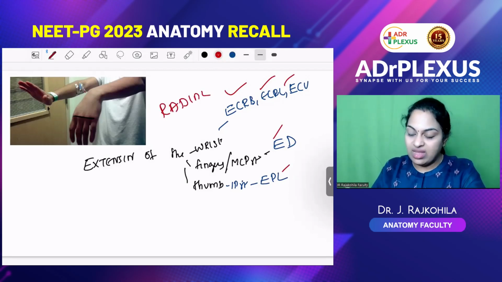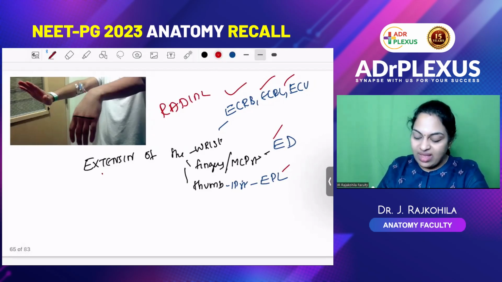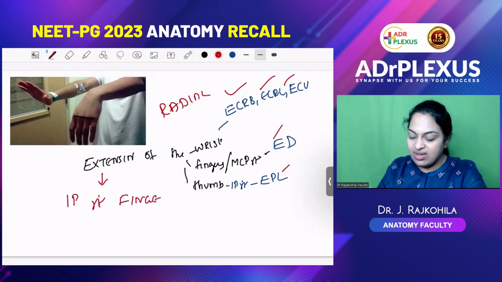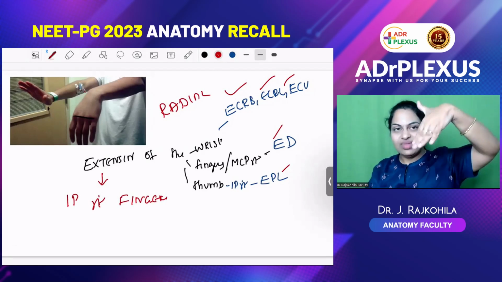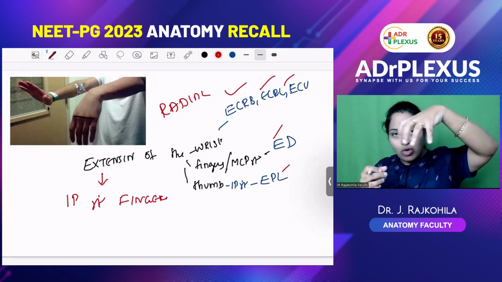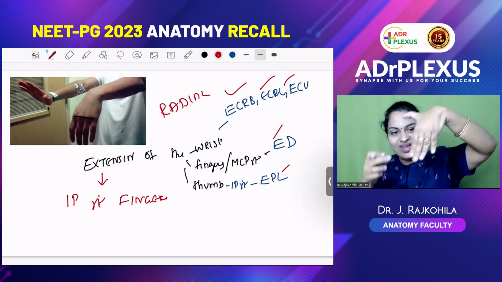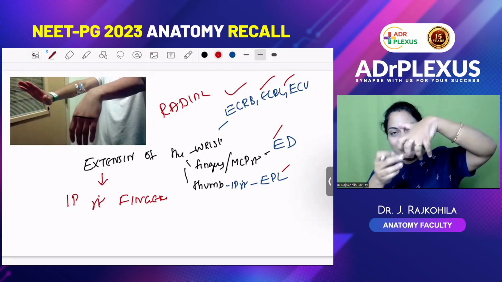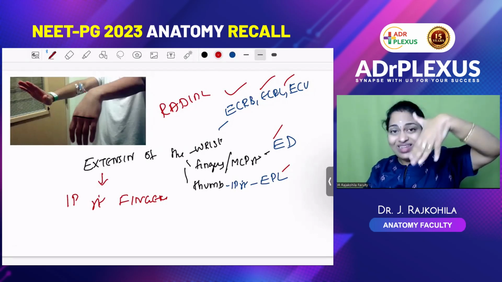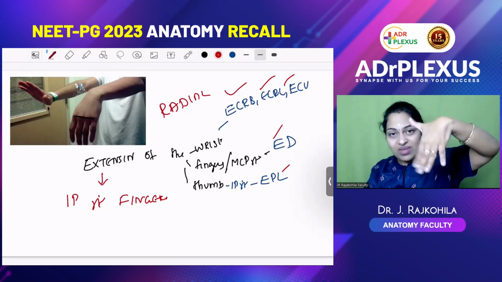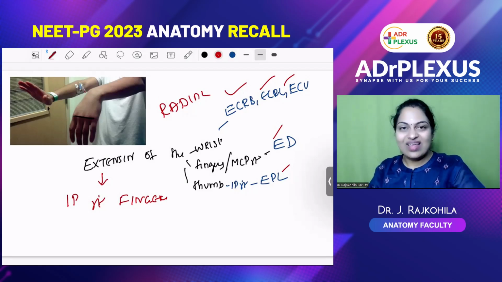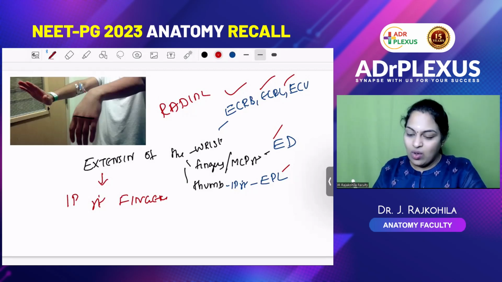One very specific thing that you should remember is that the extension of the interphalangeal joint of the fingers is not affected, right? They're not going for clawing. They're kept extended, the proximal and the distal interphalangeal joints of the digits. Not the thumb, the other digits, right? Why?